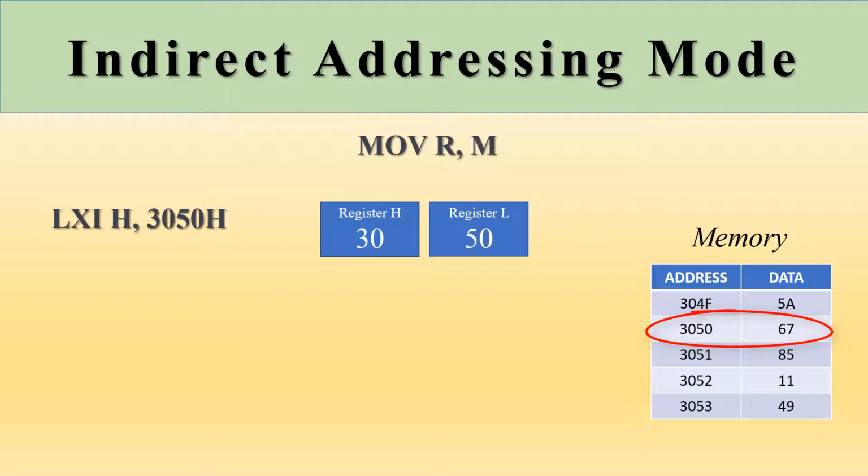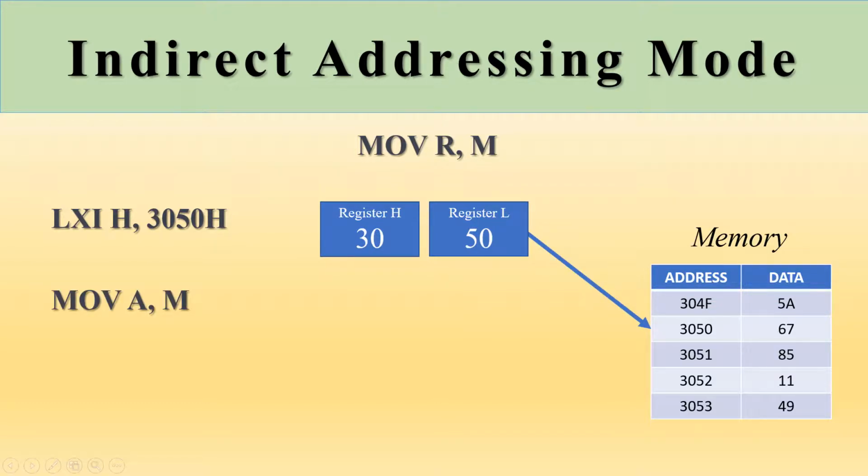In that the data is 67. So our instruction will copy this data 67 into the specified register. So let us say, for example, we have the value to be copied in register A, and therefore after execution of this instruction MOV A, M, the data will come in A register. So basically this register pair HL will act as a pointer to the data in memory, and from that the data will be brought into the specified register.